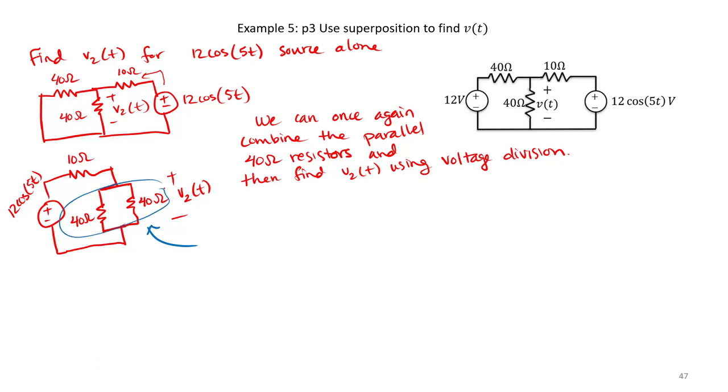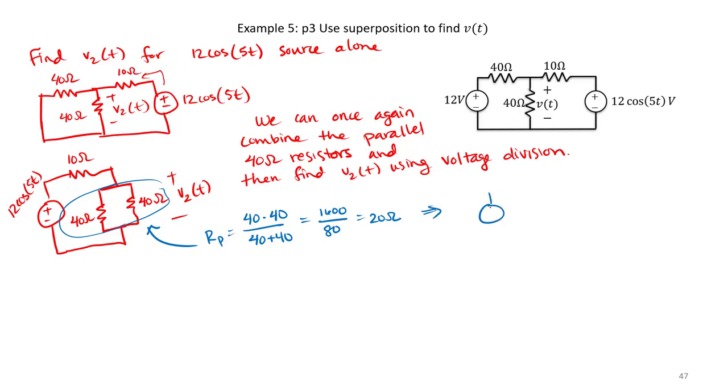So in this case, the parallel resistors, that's just going to be 40 times 40 over 40 plus 40, right? Using our shortcut equation. That ends up giving us 1600 ohms up top, divided by 80 down below, or 20 ohms.